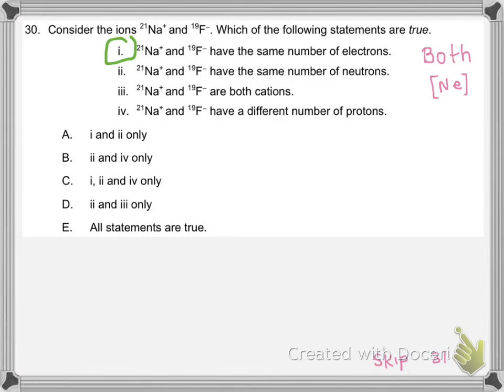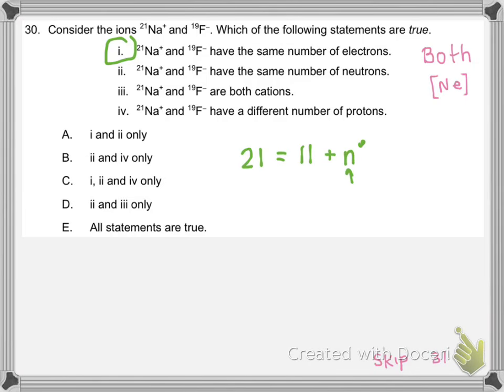To figure out how many neutrons each of these elements have, we're going to have to use their mass number combined with their atomic number. So, we know that our mass number is protons plus neutrons. And so we can do, for sodium, 21, our given mass number, is going to be equal to the atomic number, for sodium 11, plus our number of neutrons.